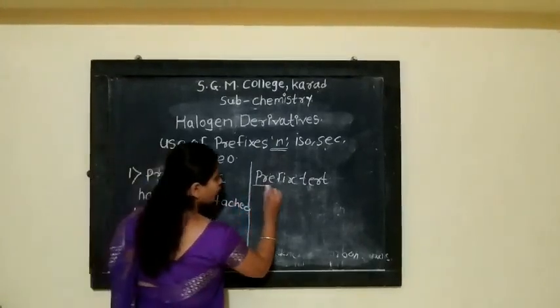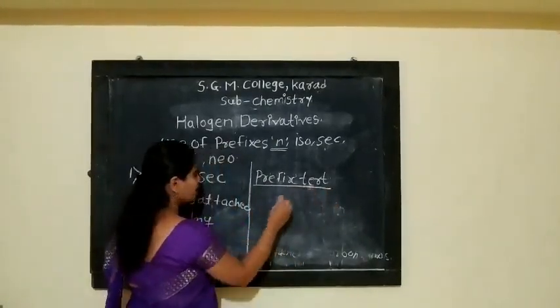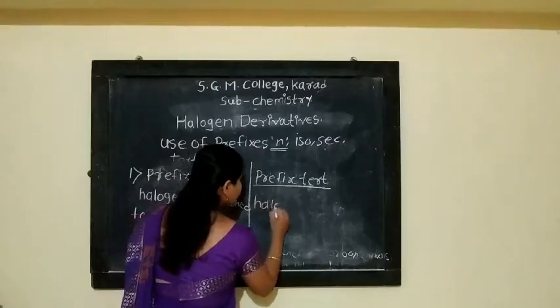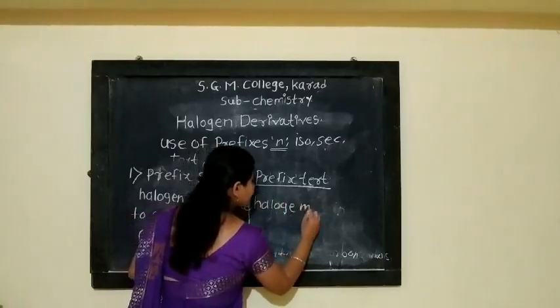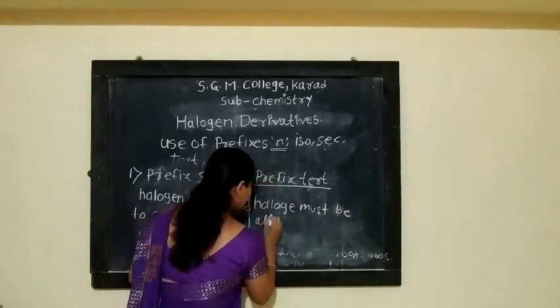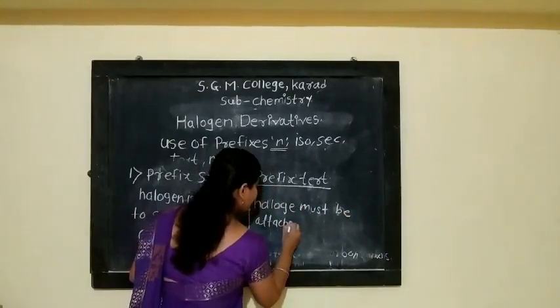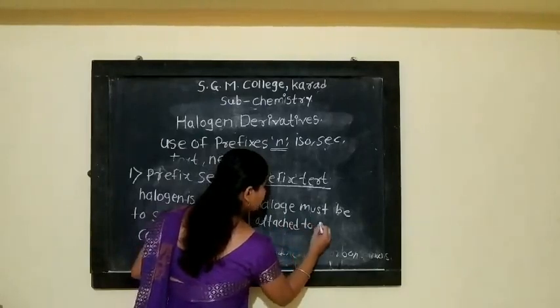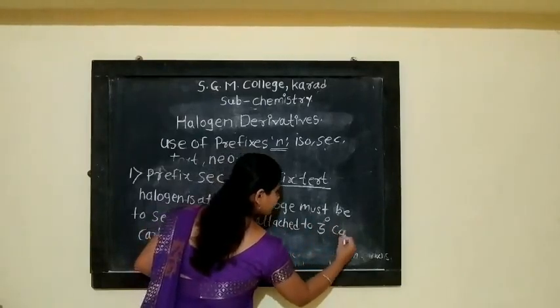Similarly, in the use of prefix tertiary, the halogen must be attached to a tertiary carbon atom.